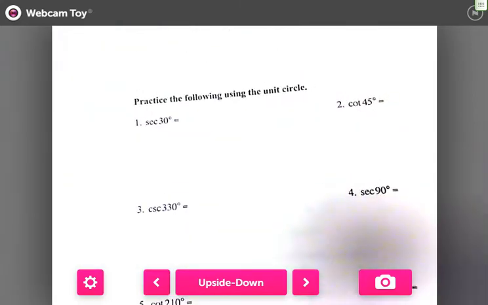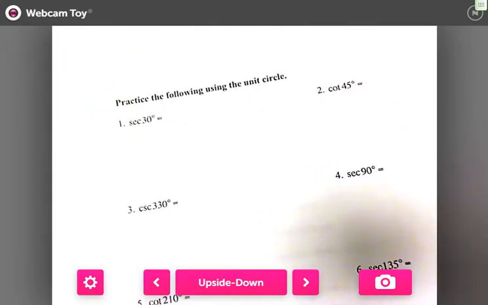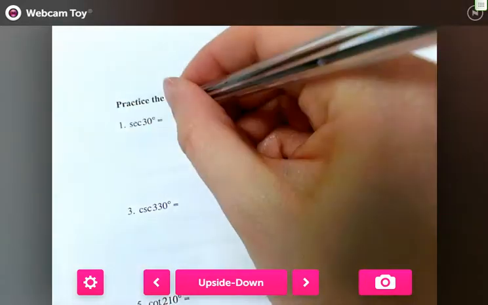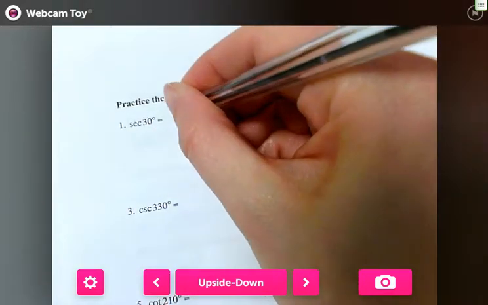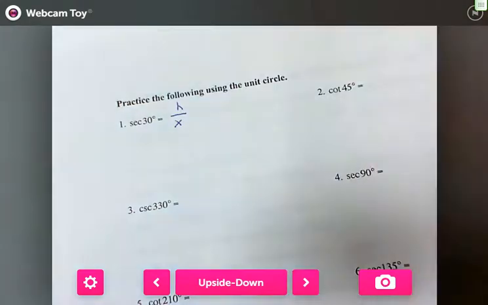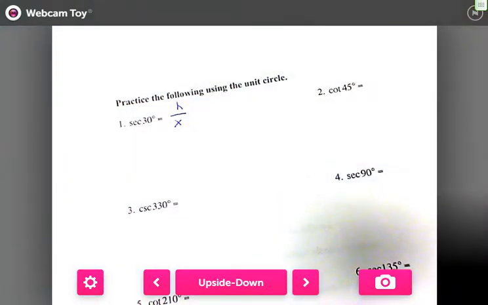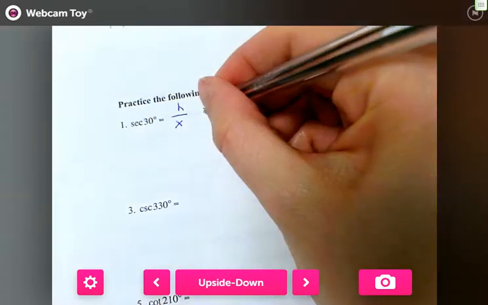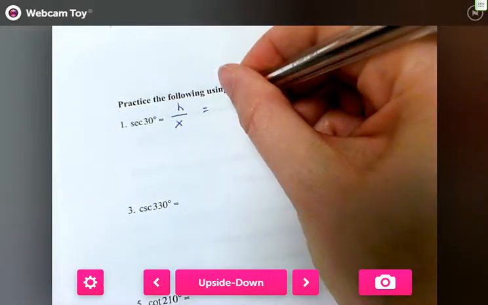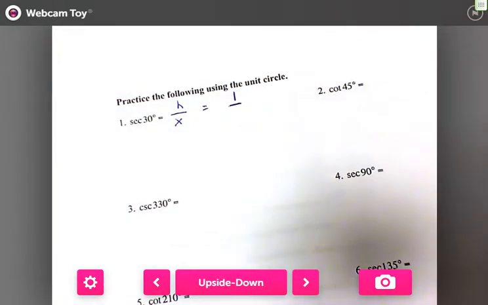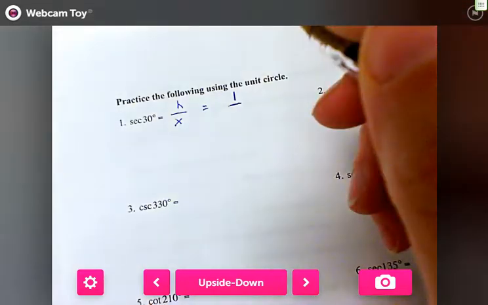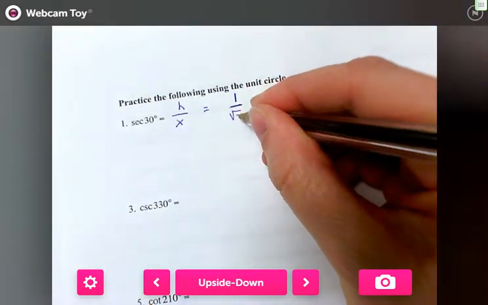Cosine, right? So we're looking at 30, and remember we're going to go hypotenuse over x. My hypotenuse for all of my unit circle is 1, correct? What's my x value at 30? Square root 3 over 2.